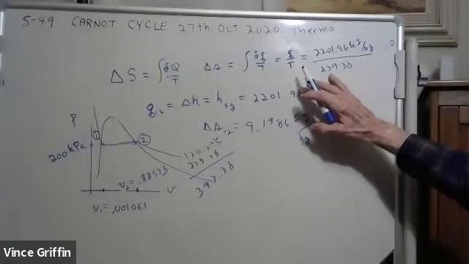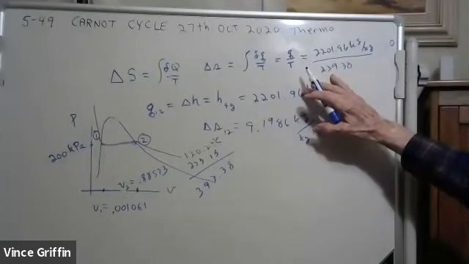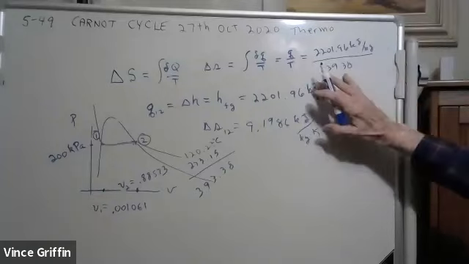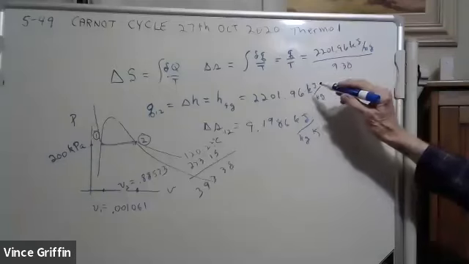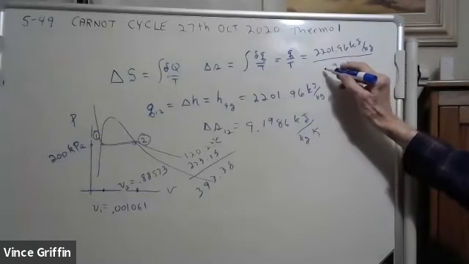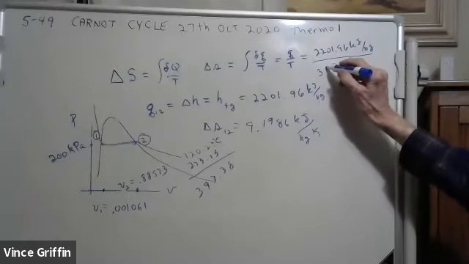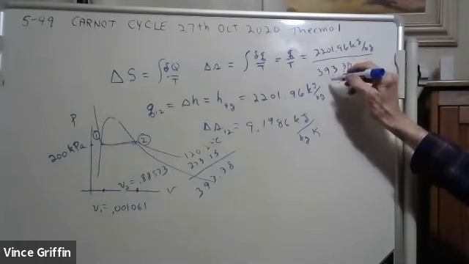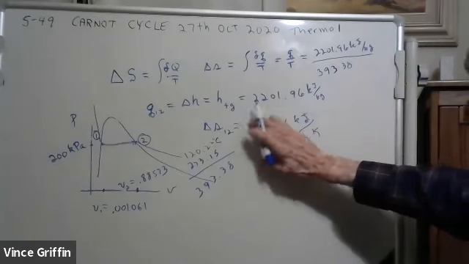I mean, I'm getting 393.38. Oh, this is wrong. Thank you for speaking up. It's 393, isn't it? 393. Now let's do it right. This was wrong.